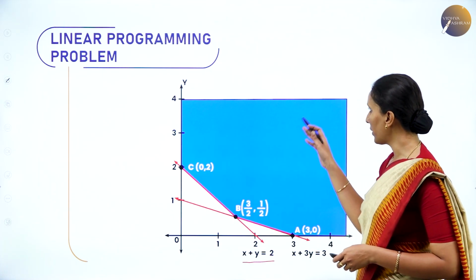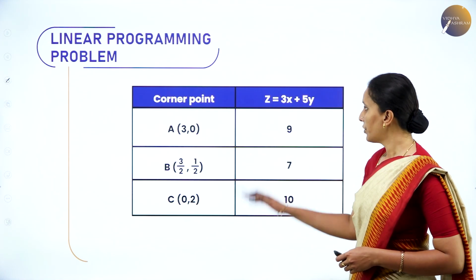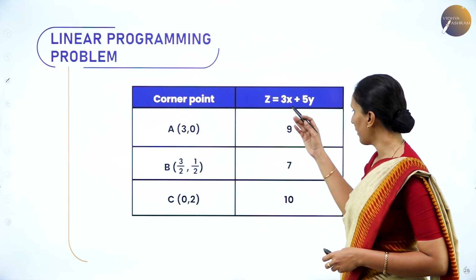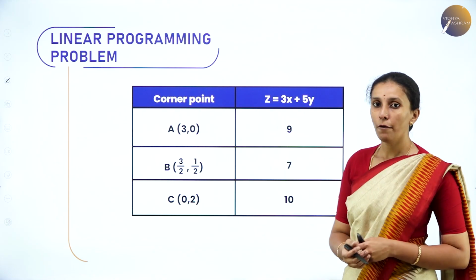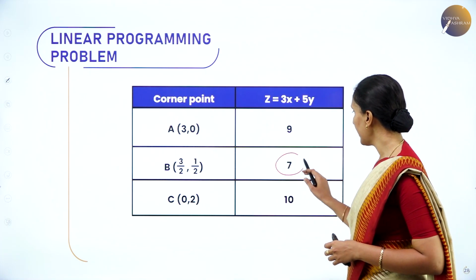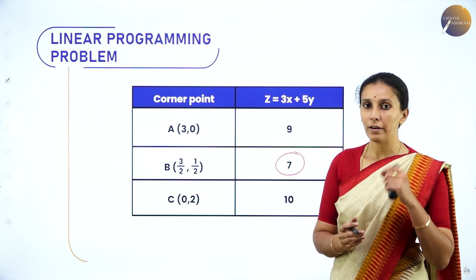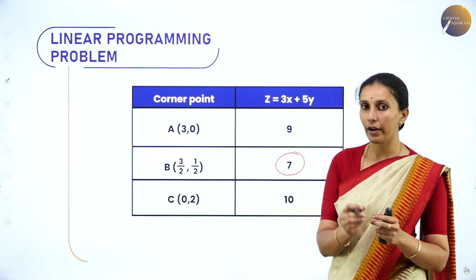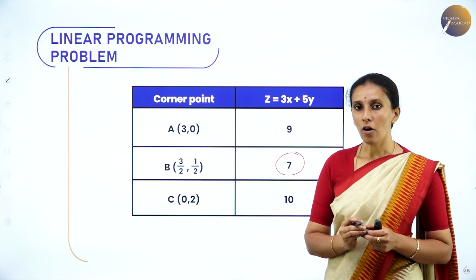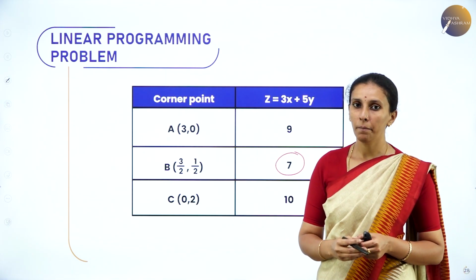Now let us substitute inside the corner point table. We get the corner points like this and we get the solution like this. Now my aim is to minimize. So you can clearly see 7 will be the minimum value for the given function. But for an unbounded region, we cannot recognize the minimum or the maximum value directly as we did in the bounded region.